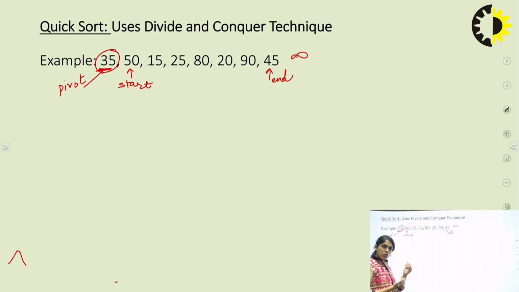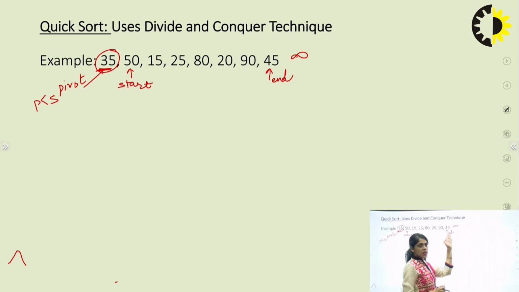If the pivot is larger, we will again move forward until we get an element which is greater than the pivot. Here, start is here. We are comparing the pivot and the start. Is pivot less than start? Yes. If it is so, then we will stop over here.